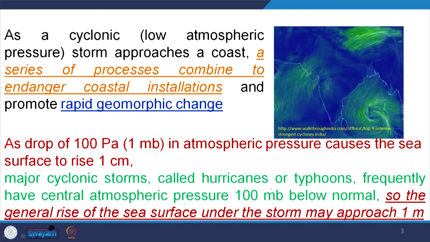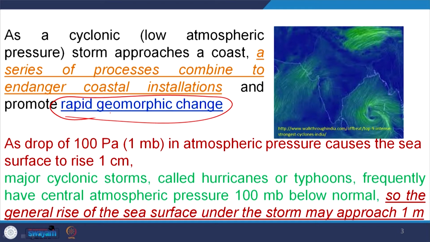Then, as a cyclonic storm approaches the coast, a series of processes combine to endanger coastal installations and promote rapid geomorphic changes. This is important to understand here. With this type of cyclonic effect, a sudden increase of sea level hits the coast, and rapid geomorphic changes occur.